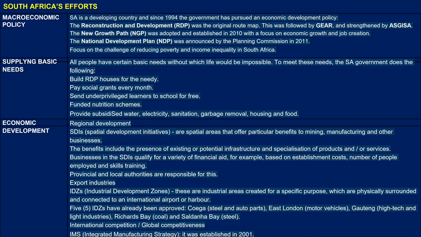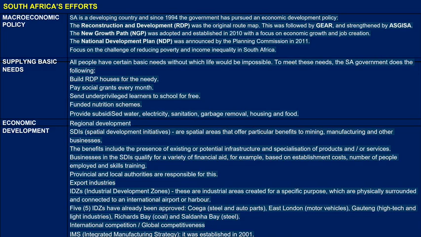The benefits include the presence of existing or potential infrastructure and specialization of products and or services. Businesses in the SDIs qualify for a variety of financial aid, for example, based on establishment costs, number of people employed, and skills training. Provincial and local authorities are responsible for this.